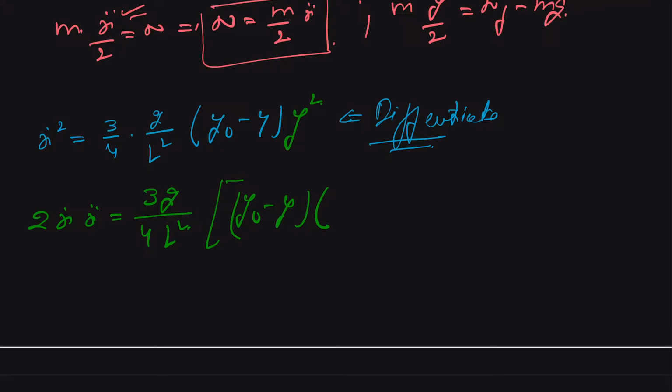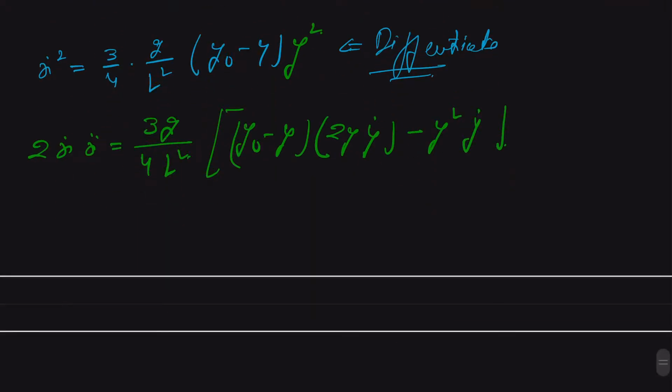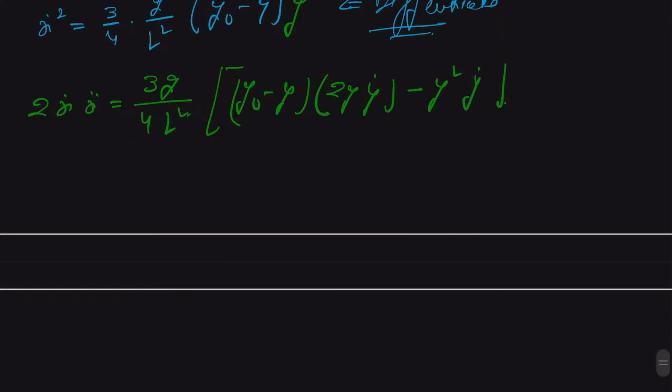We can use the product rule, and this will go 2y y dot, and this will be minus y square times y single dot. You can just open the bracket and try to solve it.